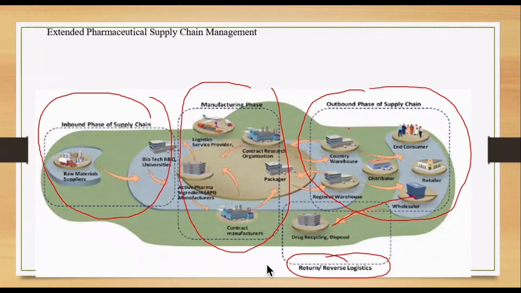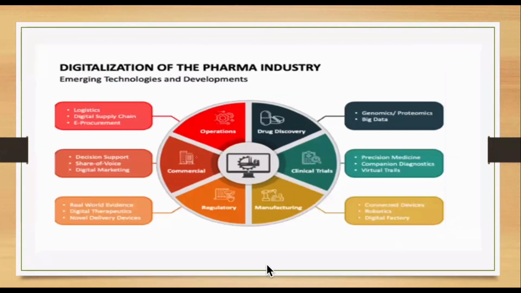wastage at all. So now, as I told you, the digitization of pharma industry is how emerging technologies are really integrating this pharma industry to become a digital supply chain. So it is going to enable a decision support system and real world evidence and e-procurement. Of course, e-procurement is also an old concept, but now using better technologies.